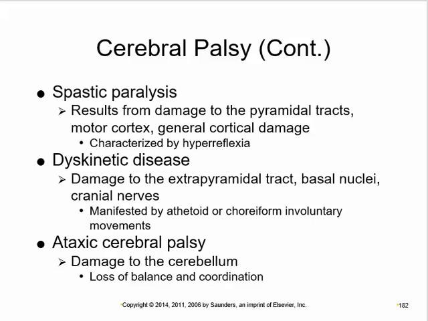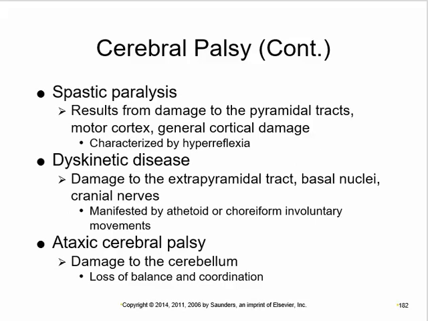So what does it look like? Well, there's spastic paralysis, which means that the muscles are hyperreflexic and tight, so they can't be used because they don't relax. And it's motor cortex, cortical damage will do this.